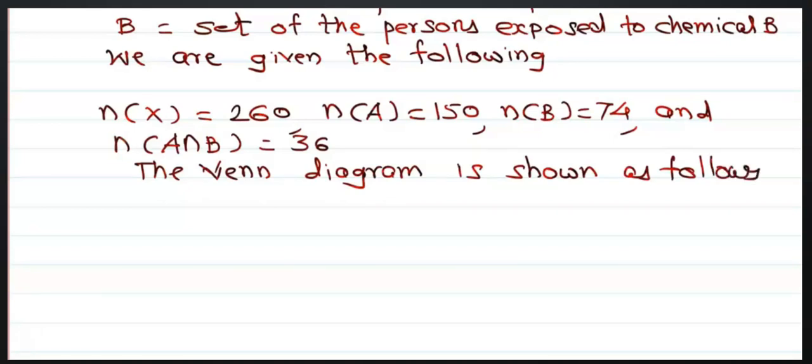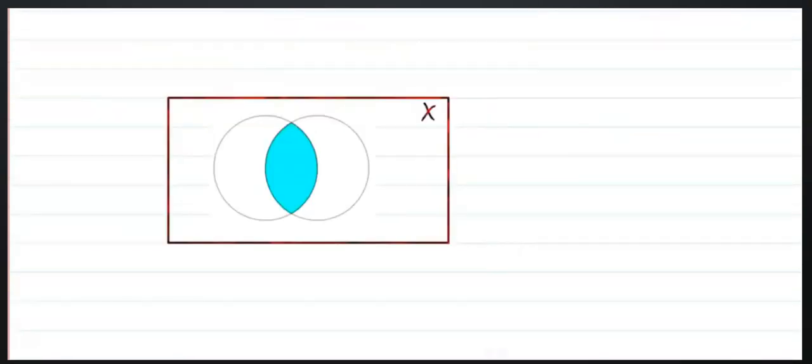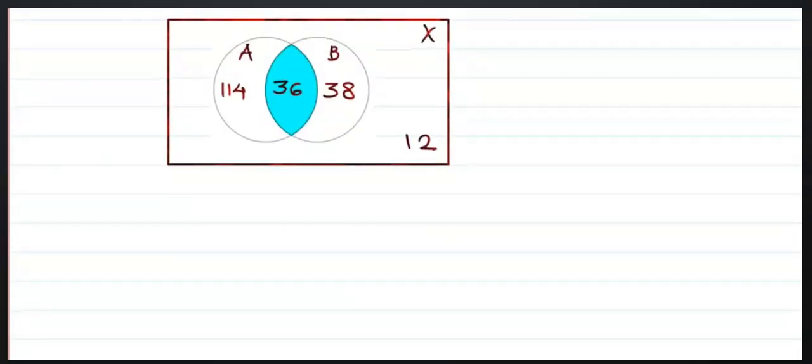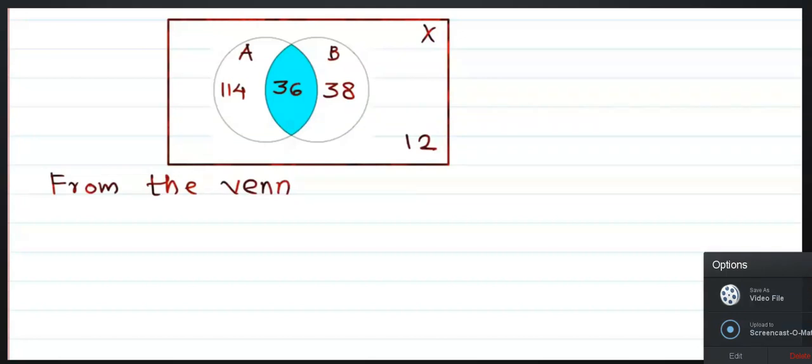Now see this Venn diagram. It is as follows. Now this is the figure. From the figure, again I will say this question. There are 260 persons with a skin disorder.